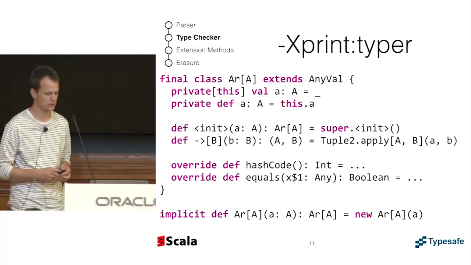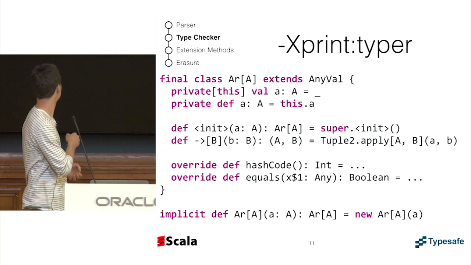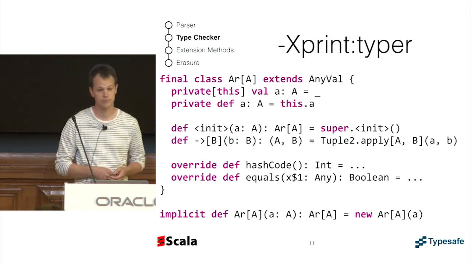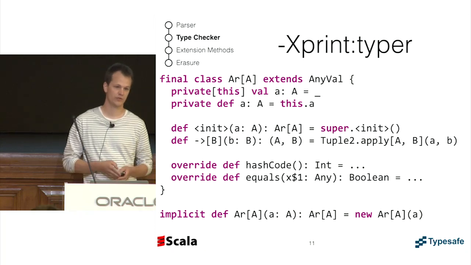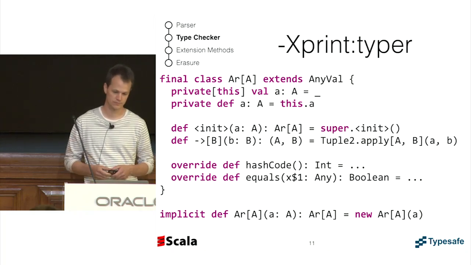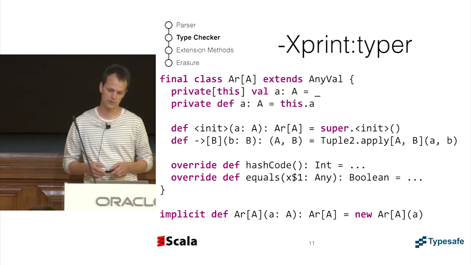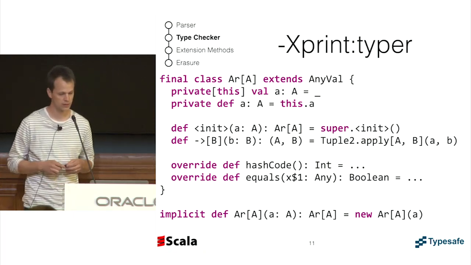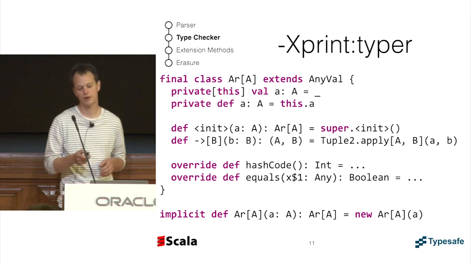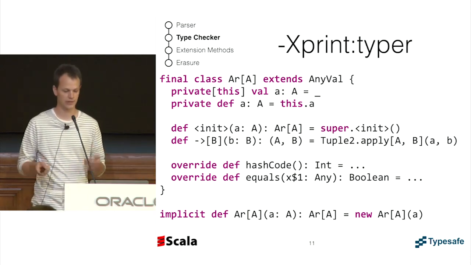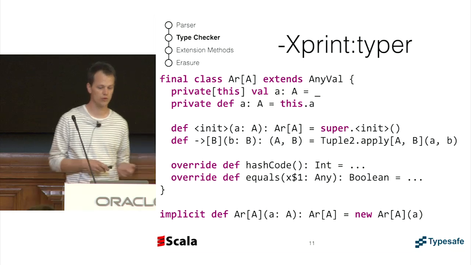Then what else changed? The field is the same. What we got is an accessor method for the field. In Scala, fields are never accessed directly through field reads, but always through getters. This one was also introduced during type checking. And otherwise, the initializer and the arrow method are simply type checked and resolved.